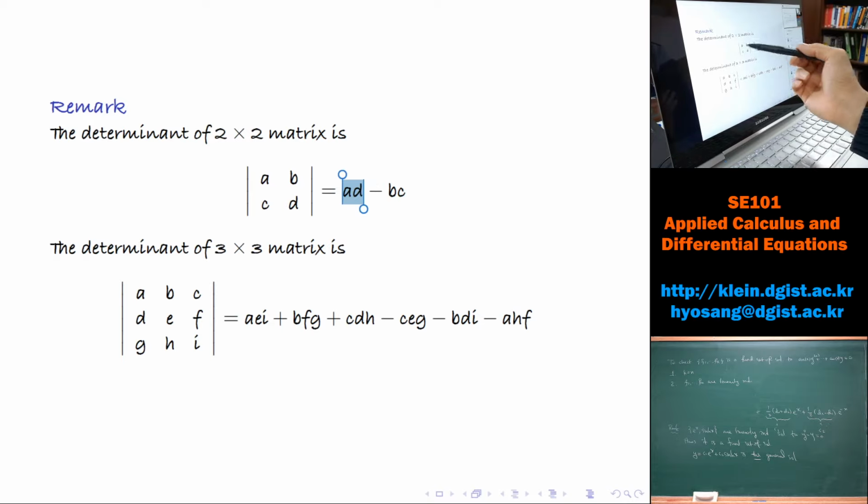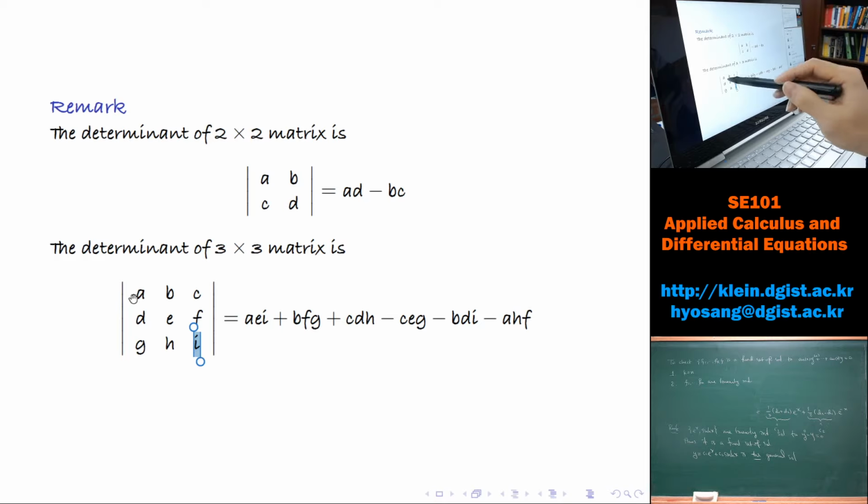And for the 3 by 3 matrix, there is an easy way to memorize the formula. There are 6 terms, and they have either a plus sign or a negative sign. The terms with a plus sign are obtained from the diagonal direction. When you have AEI, you have 3 factors multiplied together in different rows and different columns.